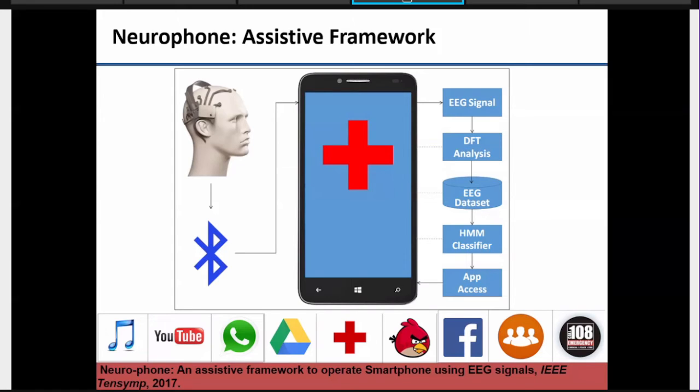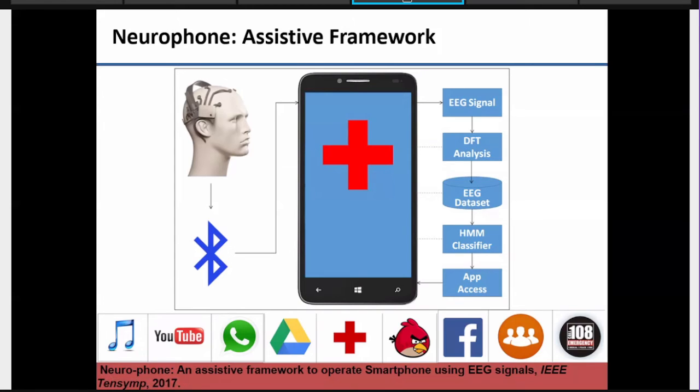Before deep learning, people were using those classifiers very much. So you have feature extraction and then classification. For example, we have these EEG signals, we use the DFT, discrete Fourier transform, for frequency decomposition, and then we have this data set, and then we are using HMM. HMM is also used for sequential data processing.